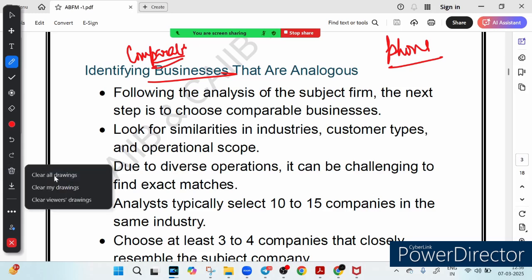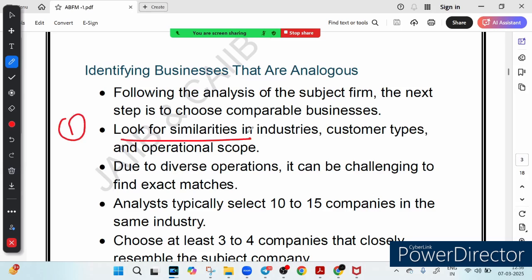Step number 1, you look for similarities, just like comparing phones with a similar processor, camera, and display. We look for companies in the same industry, same customer base and operational scope. That is how we find the companies.